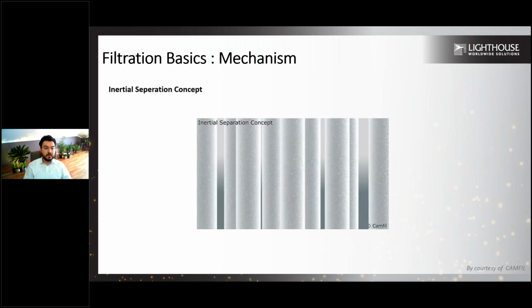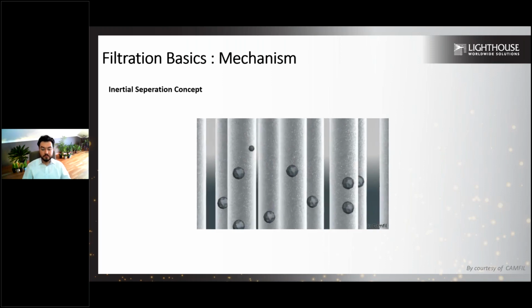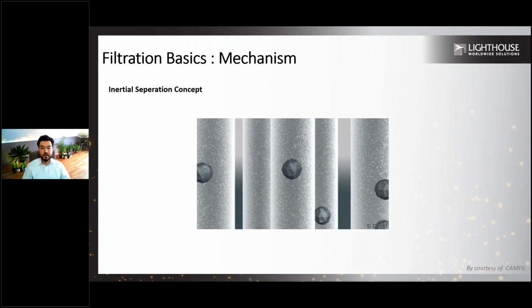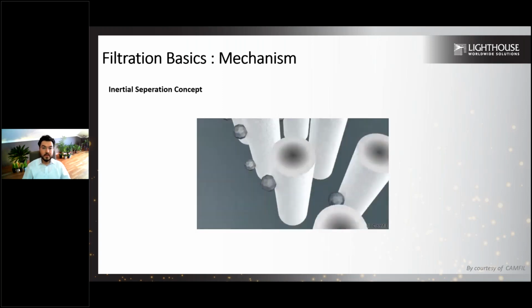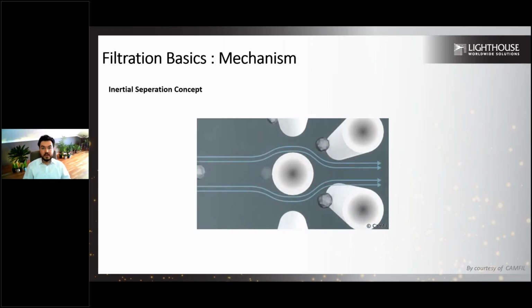The second one is the inertial separation concept. In inertial separation, large particles have high momentum, which makes it difficult for them to follow the airstream around a fiber. We all know that air is also a fluid, like water.